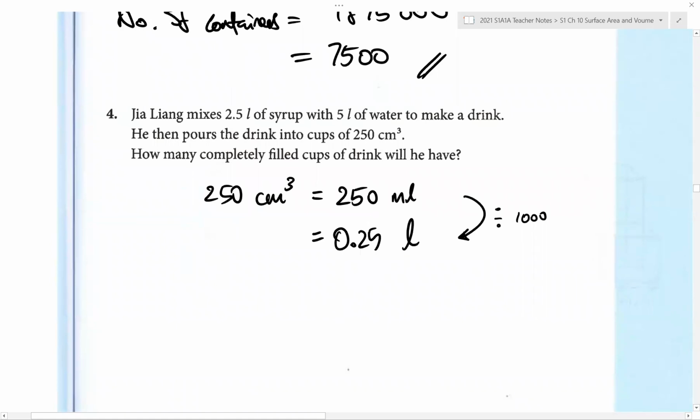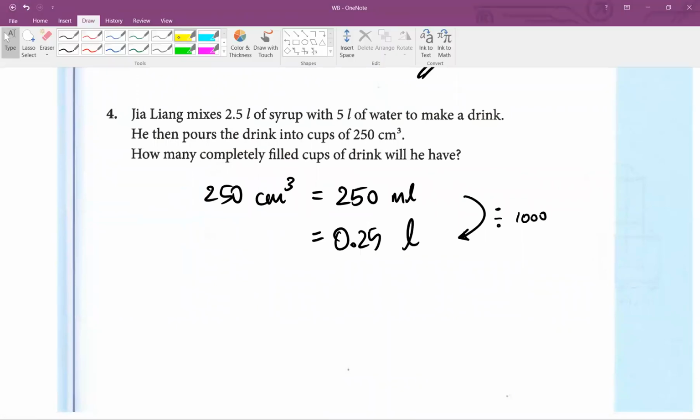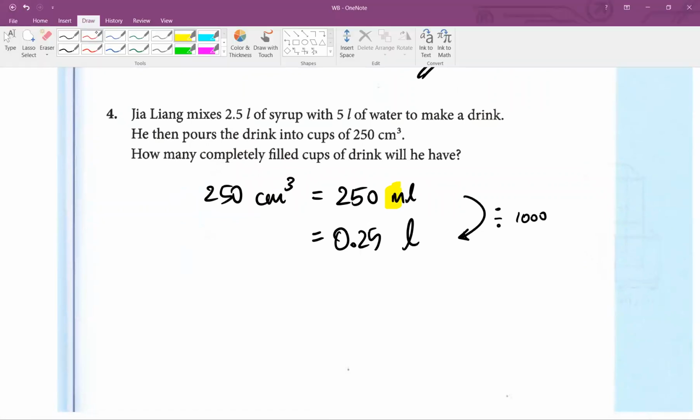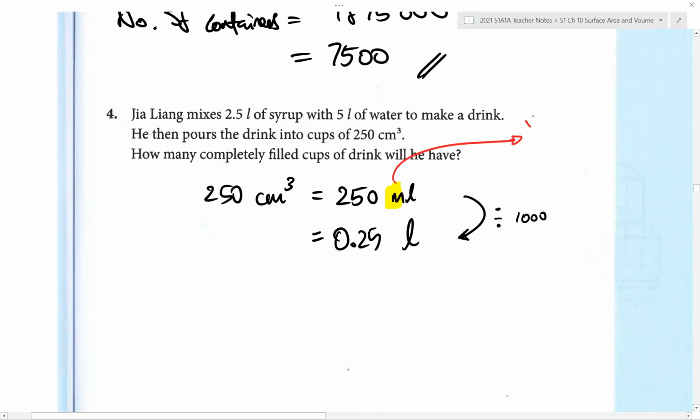Because this letter M is like the opposite of K. K for kilo. Kilo times 1000, right? M for milli. Milli for divide by 1000. So it's like the opposite. Okay, so we've got 0.25 liters already.